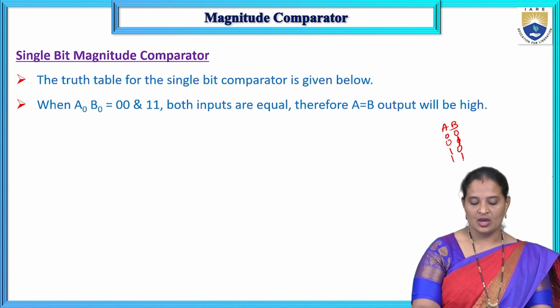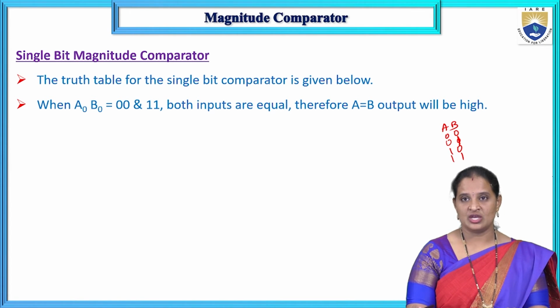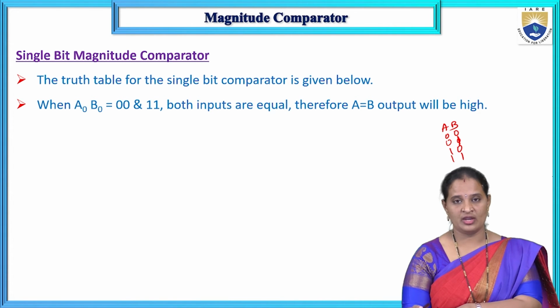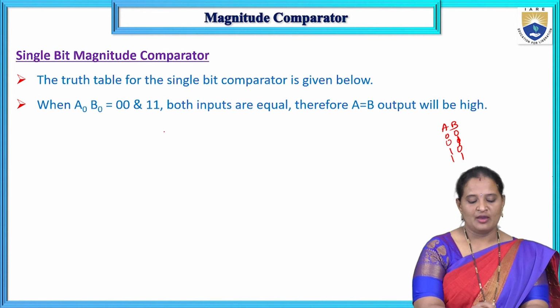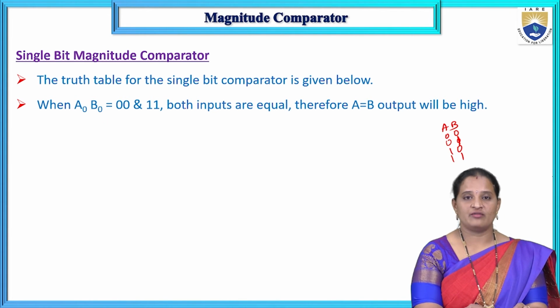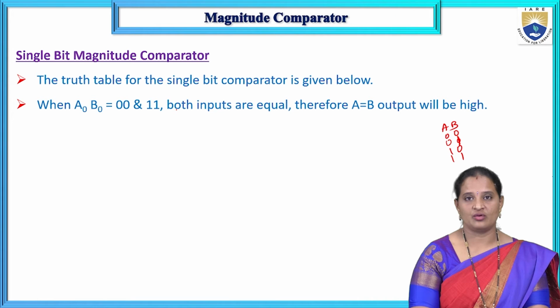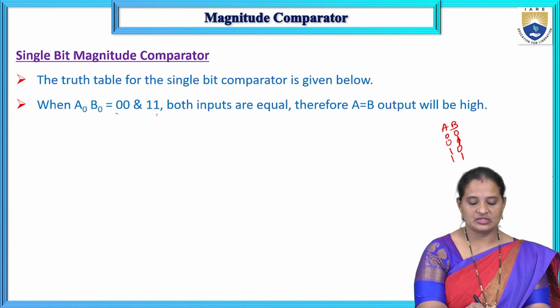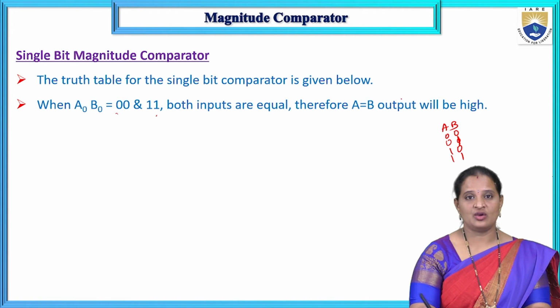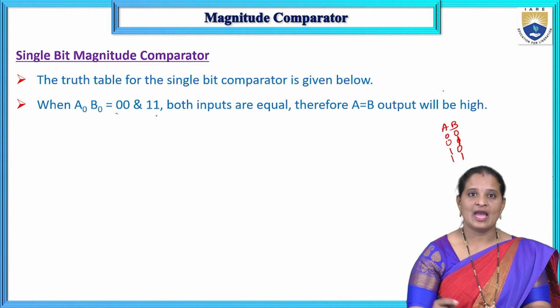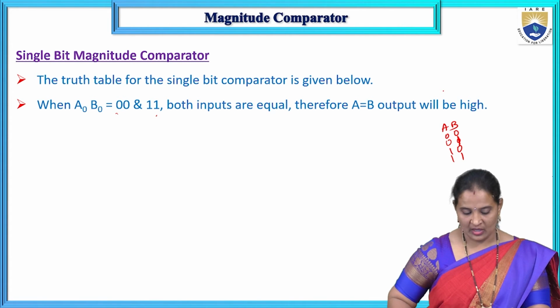These are the possible inputs. Now I want to decide whether A is greater than B, or A equal to B, or A less than B. When A naught, B naught equal to 0 0 and 1 1, both the inputs are equal. So when both the inputs are equal, then the output A equal to B will be high and the remaining two outputs will be low.